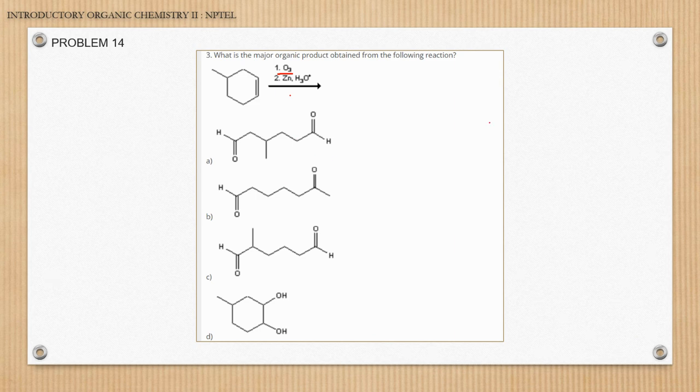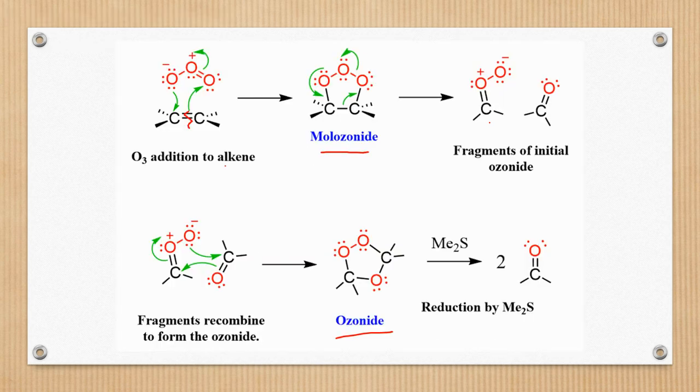I have shown you the mechanism basically. I've told you this is the ozonolysis reaction, reductive ozonolysis. So now what do you think will be the correct option based on this mechanism? So first of all, alkene will react with ozone, form molozonide, which will recombine to basically cleave your C-C bond.